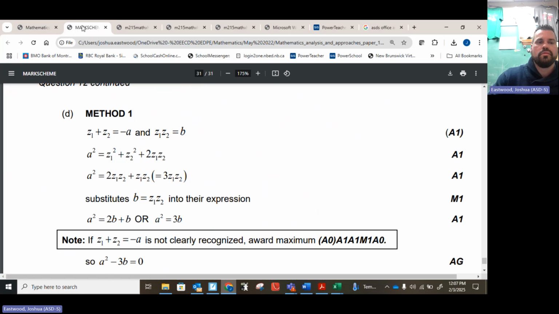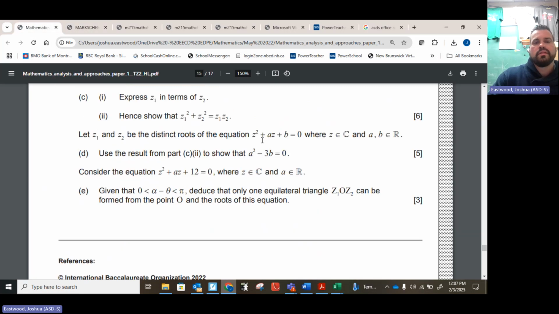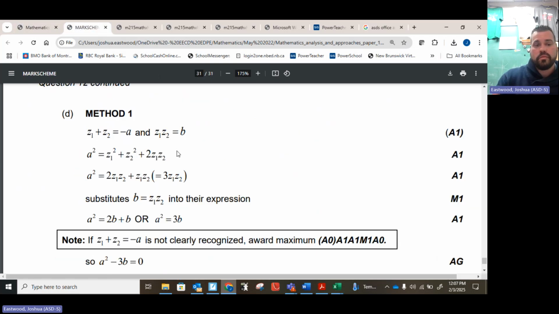If you look at where that's coming from, the polynomial: if you're adding the roots together, it has to be minus that coefficient, and if you're multiplying them, it has to be that coefficient. If you're talking about the roots. If you're talking about the factors, then it's just those values. So Z1 times Z2 is b, because they're the two roots.